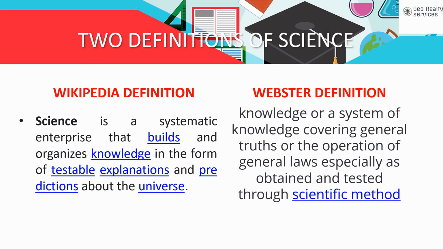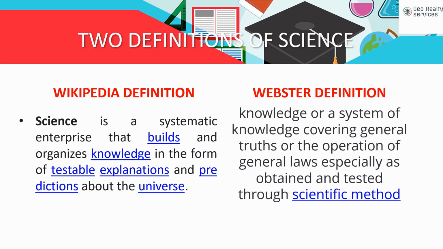According to Wikipedia, science is a systematic enterprise that builds and organizes knowledge in the form of testable explanations and predictions about the universe. This is the definition given by Wikipedia.